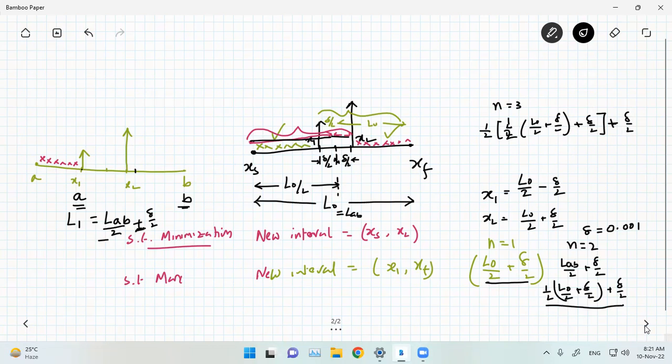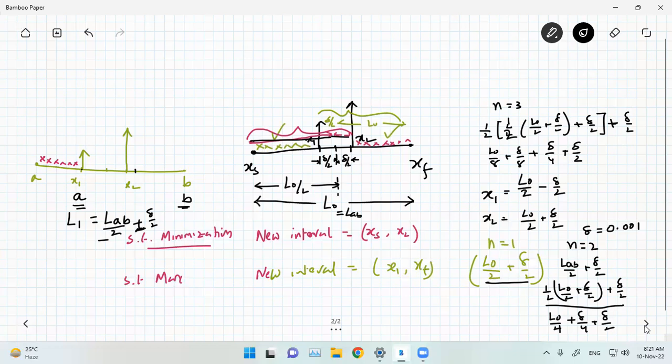As you can see here, in the first case we had L0 by 2 plus del by 2. In the second case, L0 by 4 plus del by 4 plus del by 2. In the third case, what we are going to get is L0 by 8 plus del by 8 plus del by 4 plus del by 2.